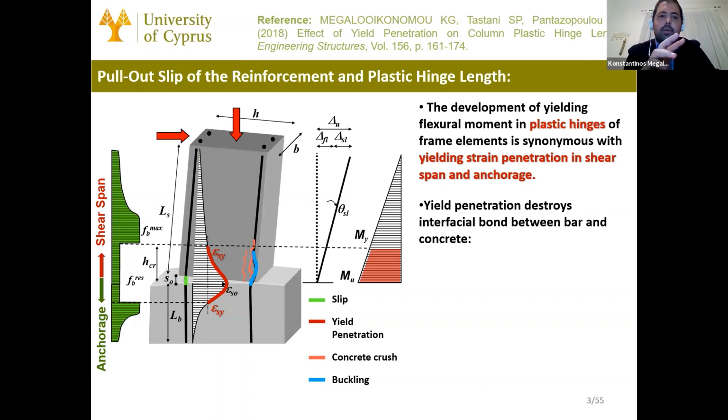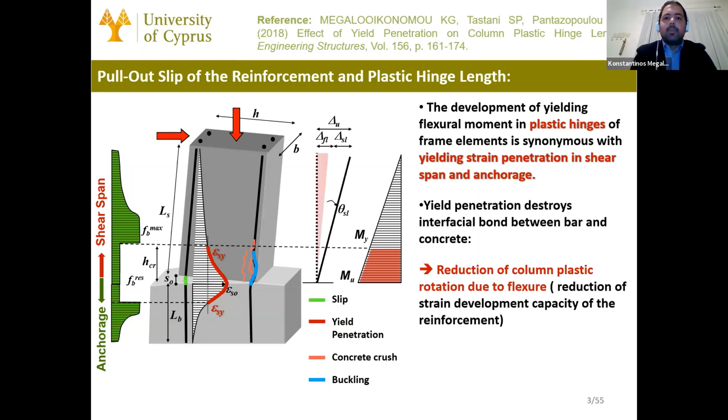In the part of the reinforcing bar in the shear span and the anchorage, where the strain is higher than the yielding strain, the yield penetration length, we have a residual bond strength. In the presentation that follows, this part is considered, which is the plastic hinge length of the column, and is the only consistent notion of plastic hinge length considering the actual state of the reinforcement.